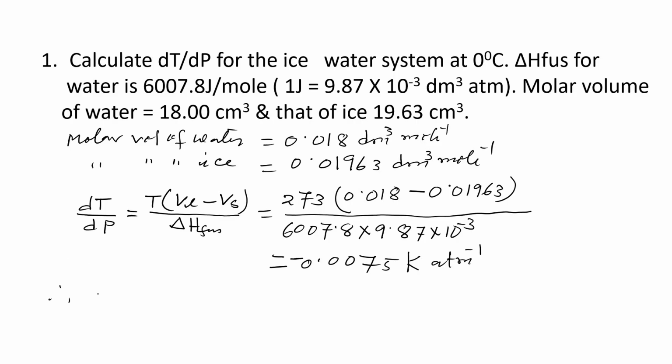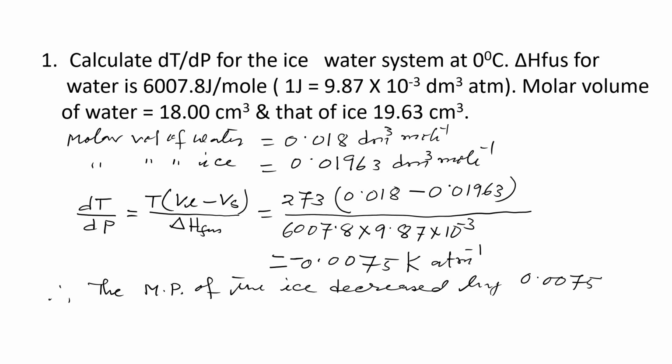Therefore, what we can write? The melting point of the ice decreases, or decreased by 0.0075 degree per increase of pressure of 1 atmosphere, or with every 1 atmosphere increase of pressure.